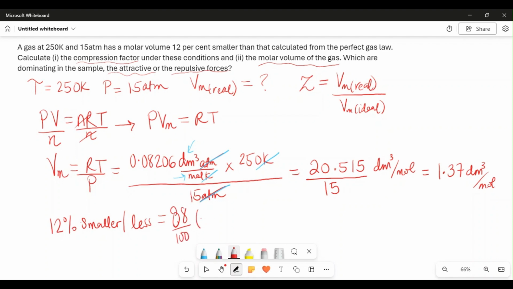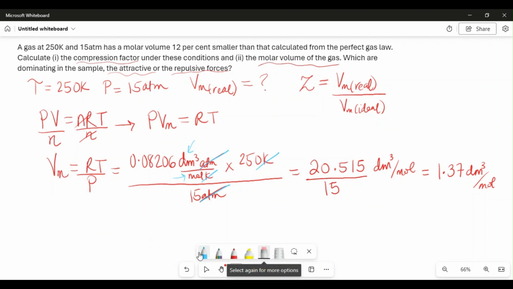Do you understand what I'm saying? Let me explain this using X. If I say something is 12% less than X, I'm saying something is 88% of X.